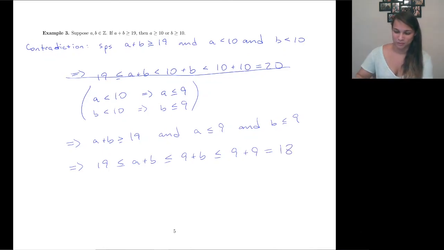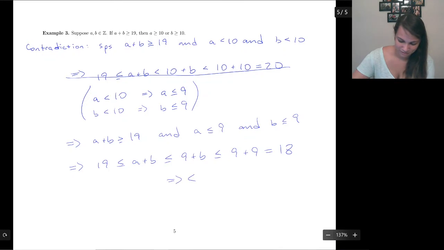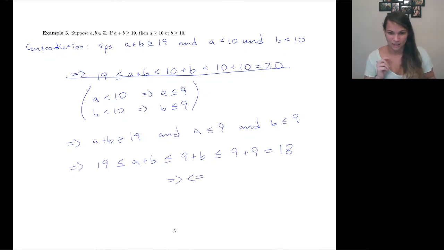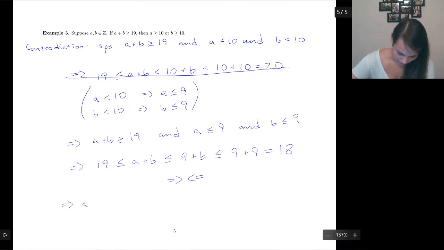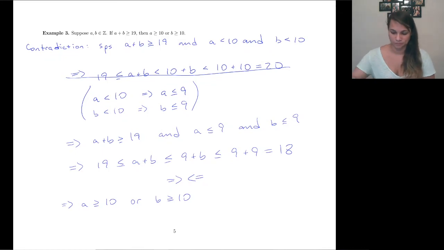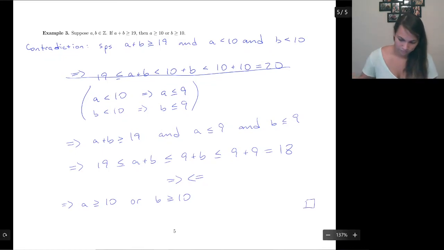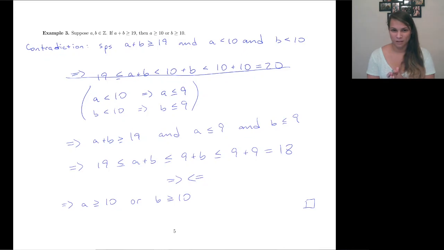Oh, that's a problem. 19 is not less than 18. That is a thing that we know. So then a has to be bigger than 10 or b has to be bigger than 10. One of them has to be bigger than 10. There we go. Another proof by contradiction.